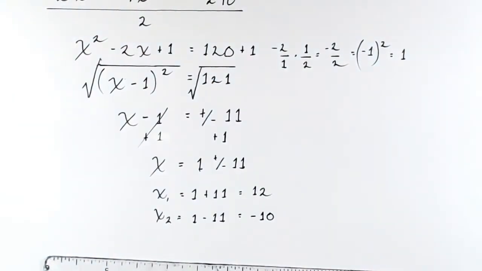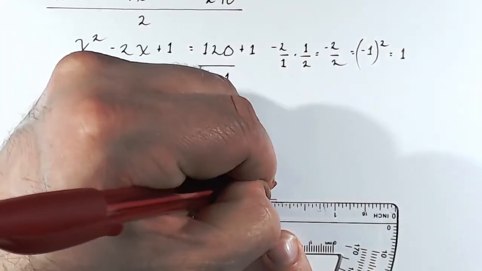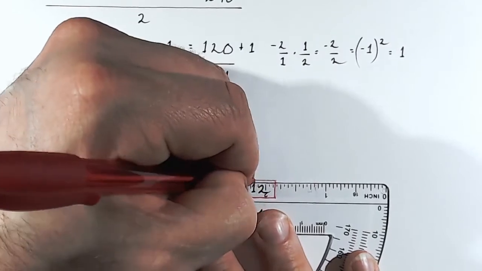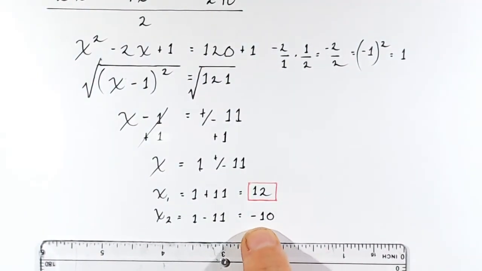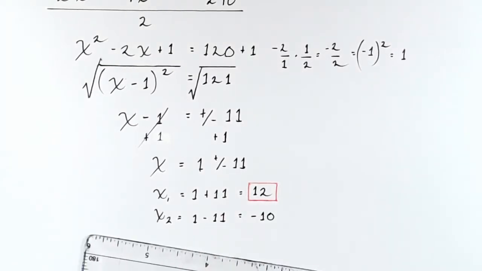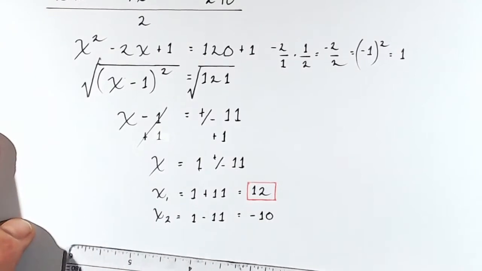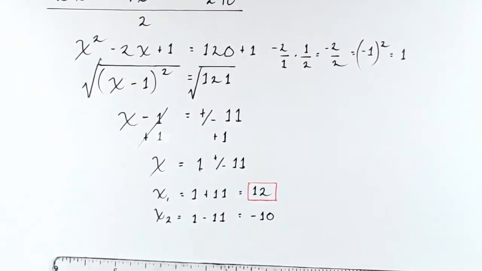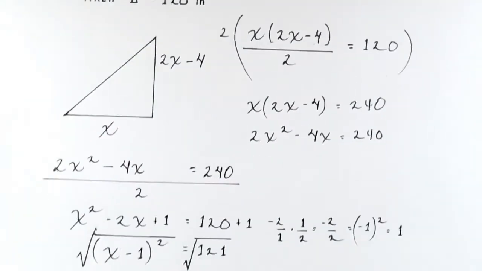Now we only want to use the positive solution because we're dealing with geometry, which has length and dimension, and we don't have a dimension that is negative. So we throw out and discard this solution, and we take this solution. Now why would we need that? We want to know what the base and the height are.